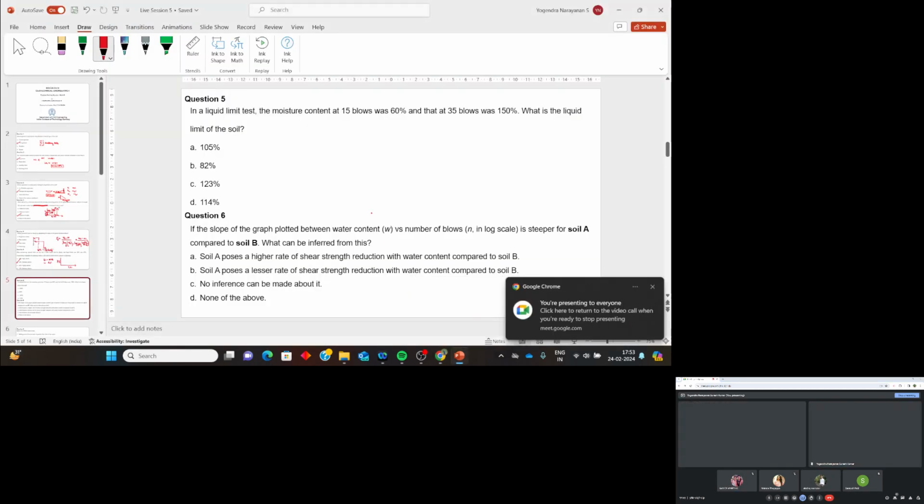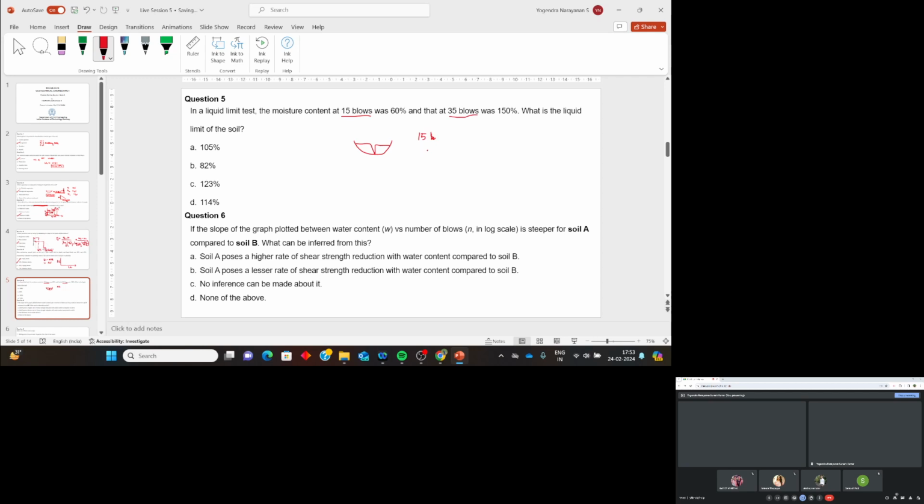Okay, so here, what does this correspond to? It corresponds to the number of blows at which the groove gets closed. So here, for one and the same soil, at one moisture content the number of blows is 15, and for another water content the number of blows is 35.